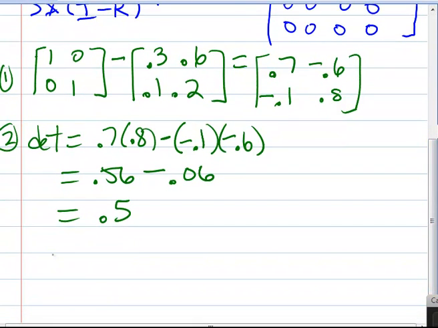The inverse I'm going to get by taking 1 over 0.5, which happens to be 2.